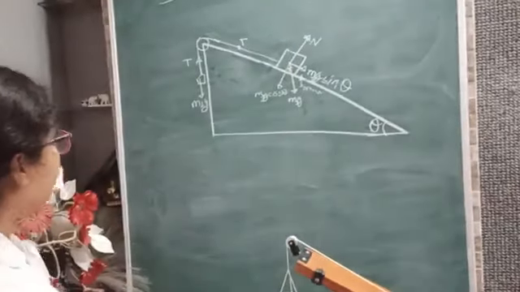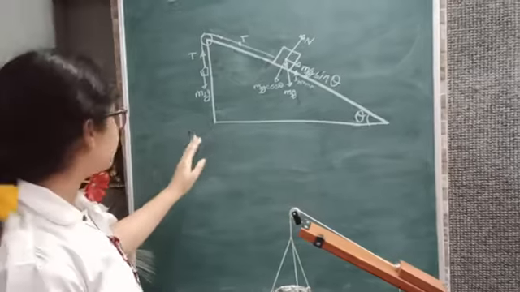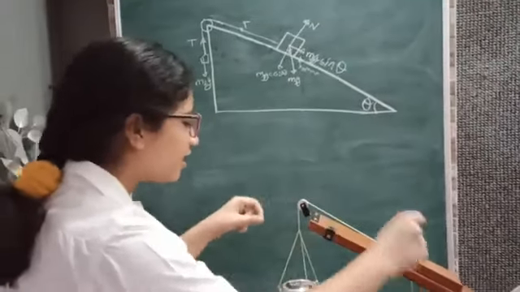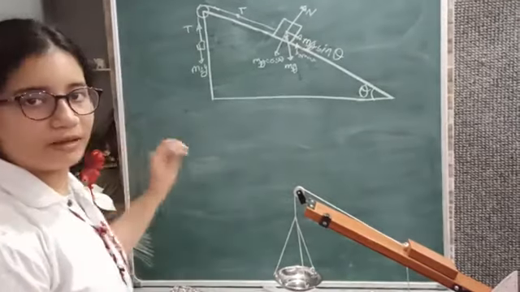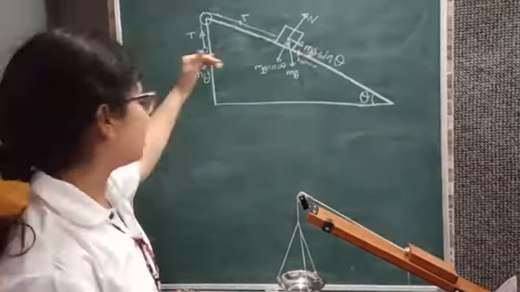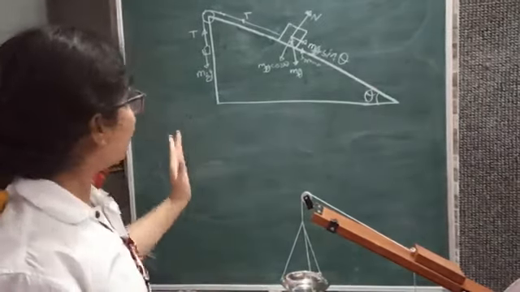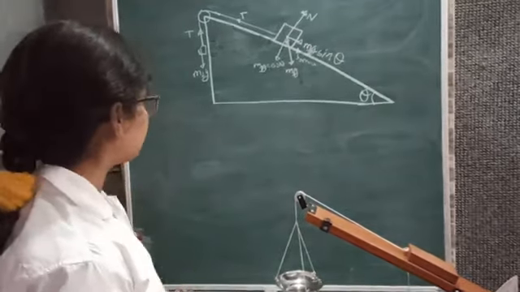And for this plate mass, the weight will be acting in the downwards direction, which is m2g. And since there is a string connecting both this mass and this plate mass along with these pebbles, the tension force will act in this direction for this block and in the upwards direction for this plate containing pebbles.